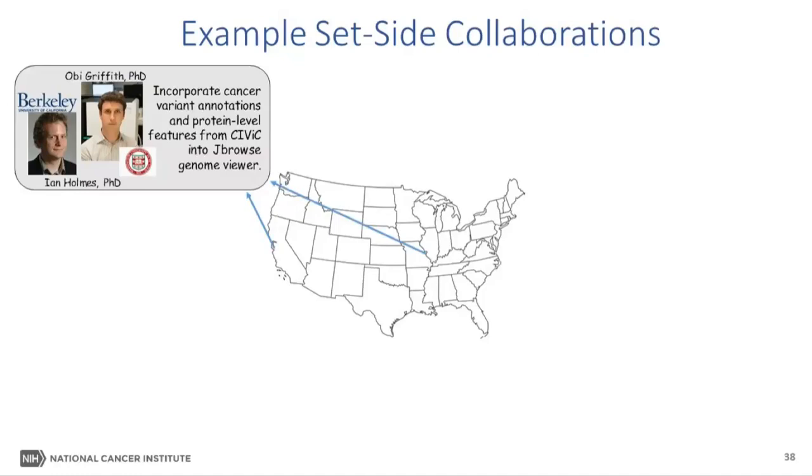And in their collaboration, they're working to incorporate the cancer variant annotations and protein level features from CIVIC into the JBrowse genome viewer. And this has involved both user interface changes to JBrowse, as well as API changes to CIVIC to allow JBrowse to access the data from the CIVIC knowledge base within the JBrowse viewer.